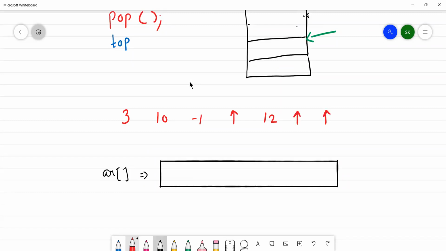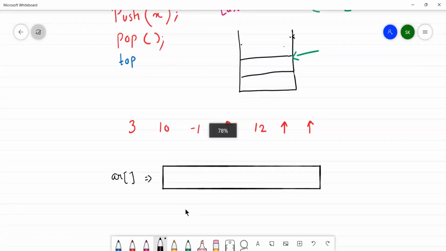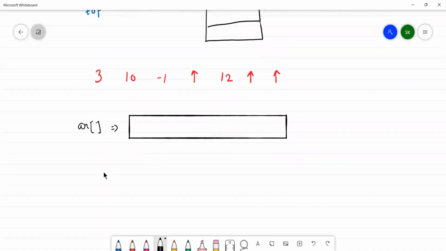Now, number one, when 3 comes to be inserted into the stack, which operation should be performed? Guys, be quick. We have to insert 3. Push, right?